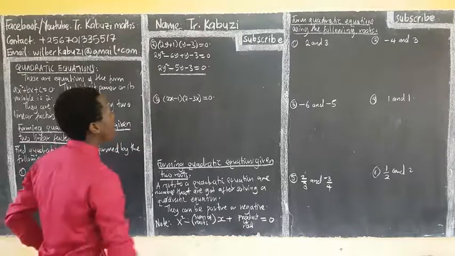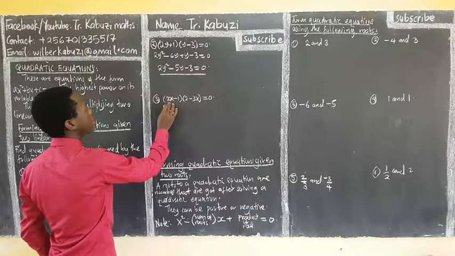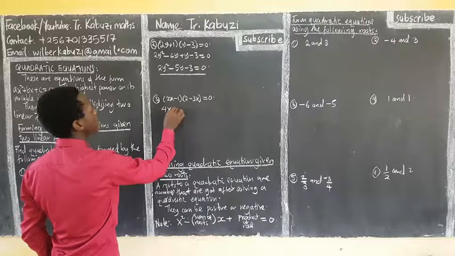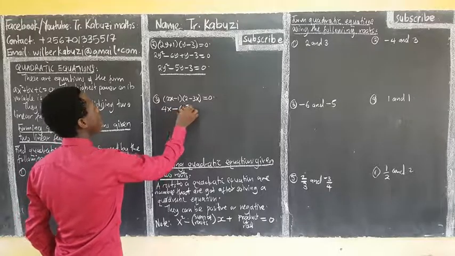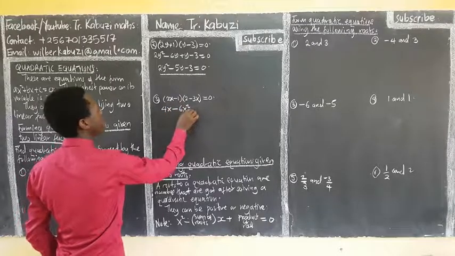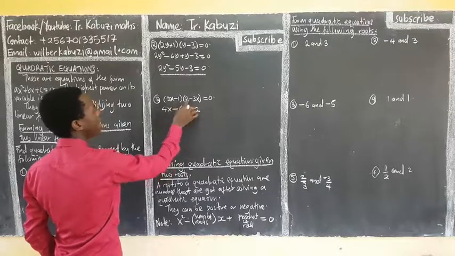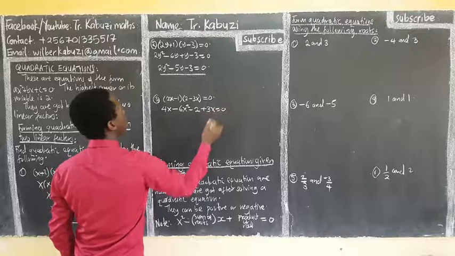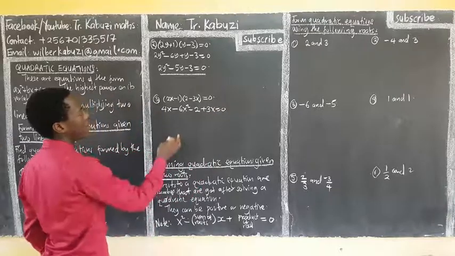Then this one, the same idea. 2 times this, 2 times this you get 4x, 2 times this you get minus 6x squared, 1 times this minus 2, then negative times the negative you get positive 3x, equaling 0. Then we just collect like terms.